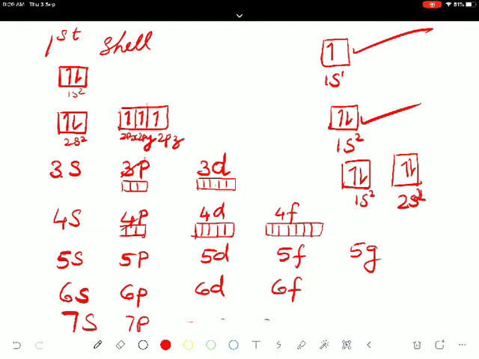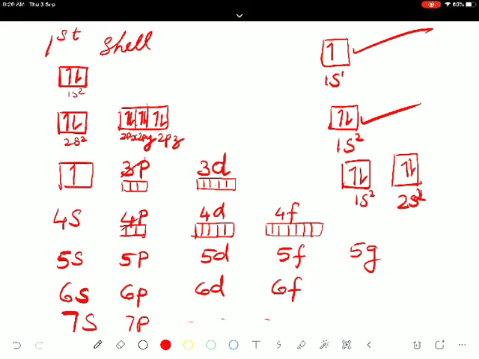Now for oxygen, pairing starts. This one, 2px2, 2py2, 2pz2. So oxygen, fluorine, neon is over. Next, sodium. For sodium, I am making it as a box, that is 3s1.